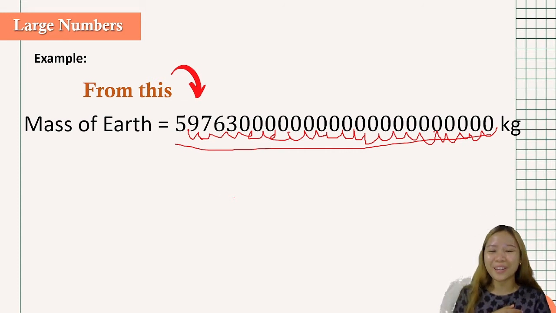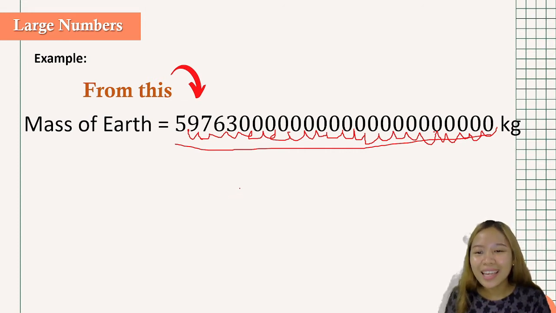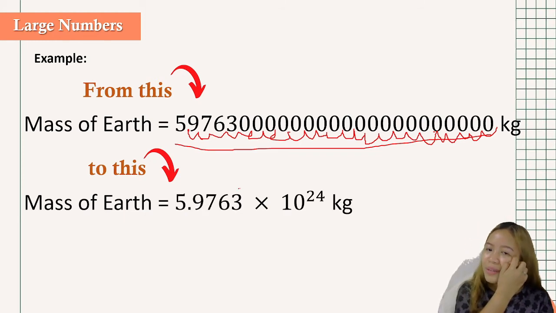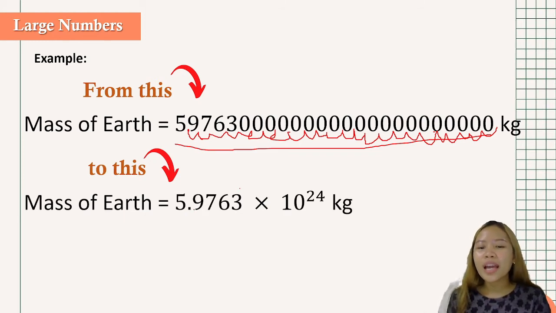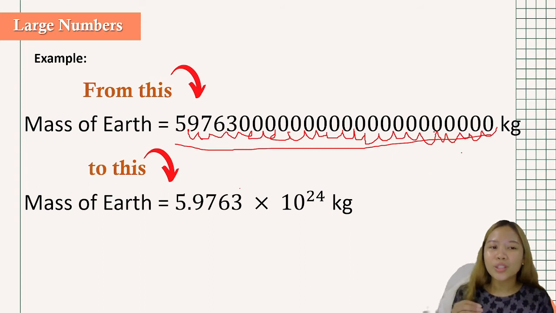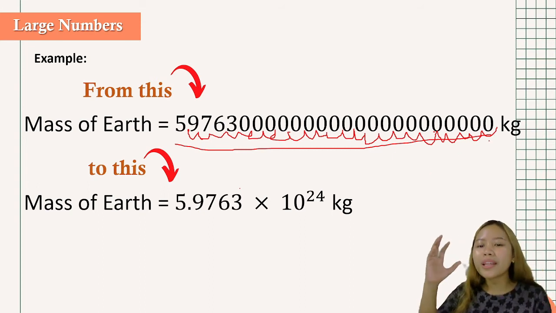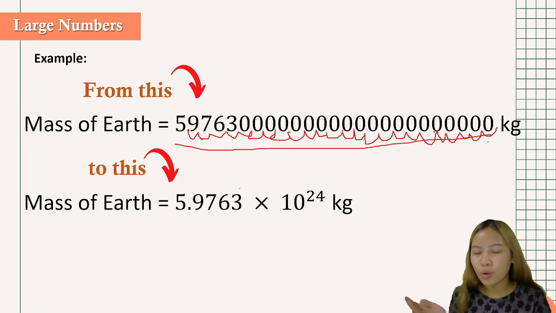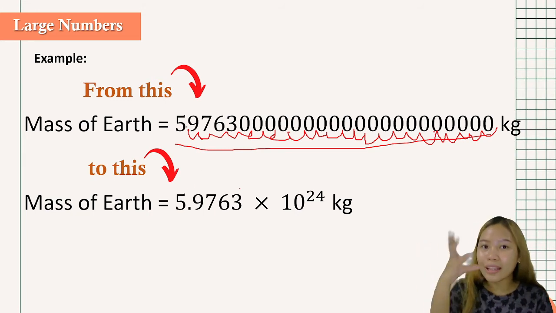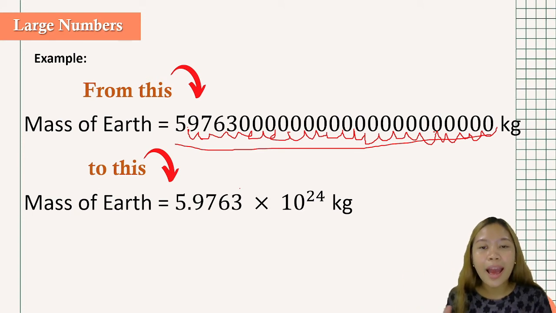Okay, so there. Now let us take a look here in our scientific notation. Okay, so for the mass of the Earth, we have 5.9763 times 10 to the 24. So again, nag-move kita places, 24 kabilog, going to the left. So, again, di ba, hindi pwede ma-exceed sa 9 ang aton nga whole number sa aton nga scientific notation.